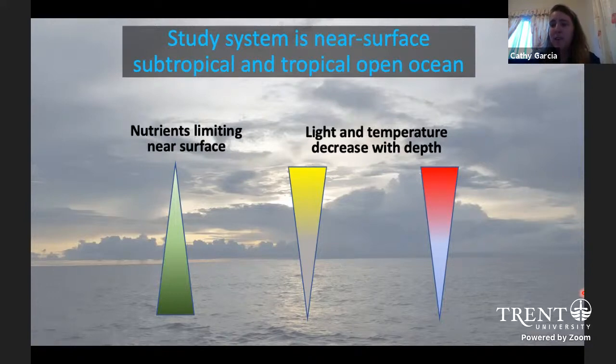Most of these samples are going to be in the mixed layer, so in the top 10 meters at least. And really what we're looking at is gradients in nutrient supply and gradients in temperature across the surface ocean.